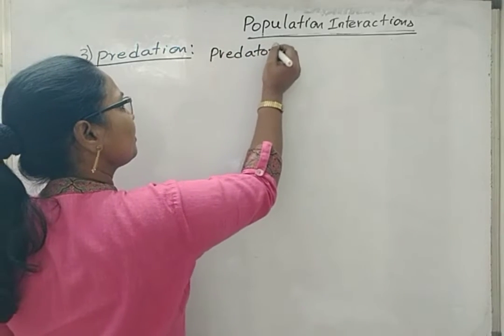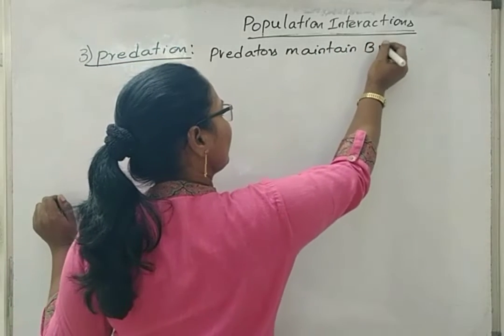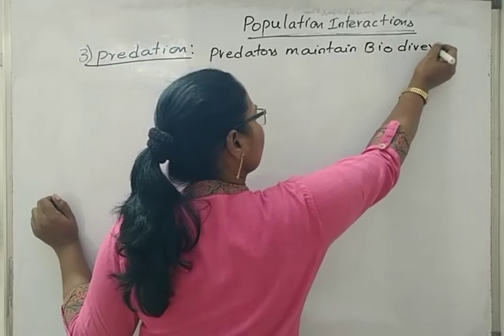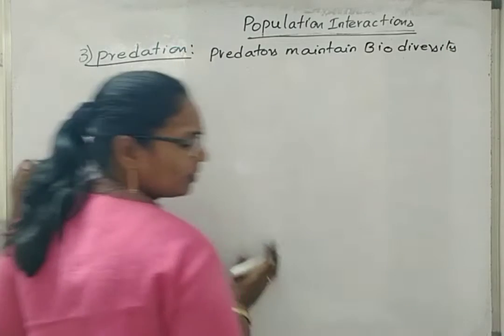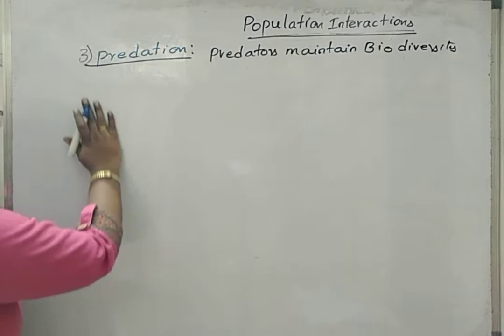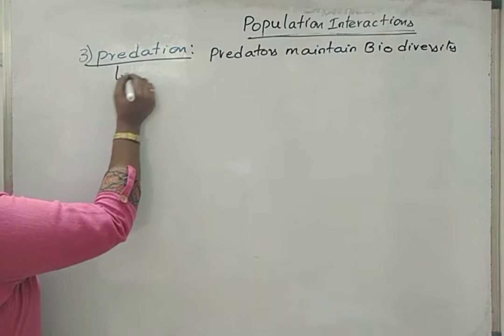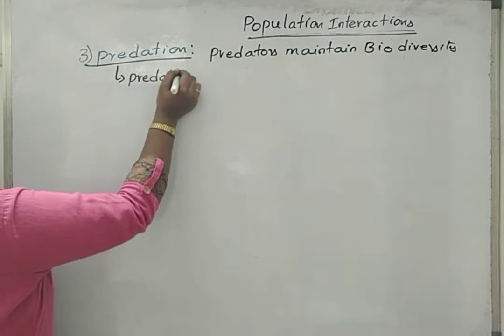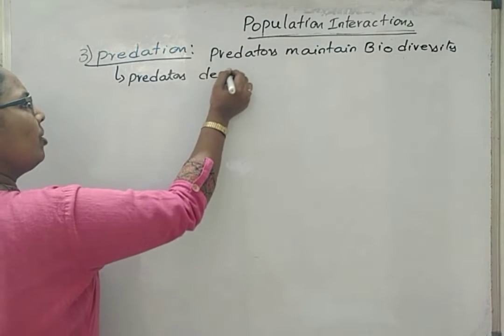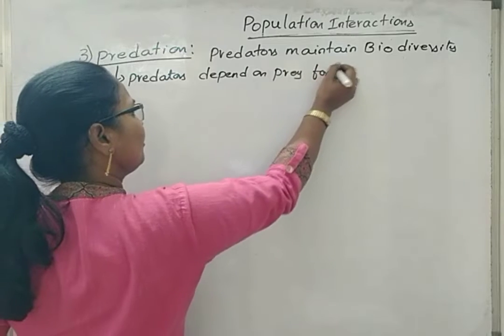Now, there are many examples where predators depend on the prey for their food material.